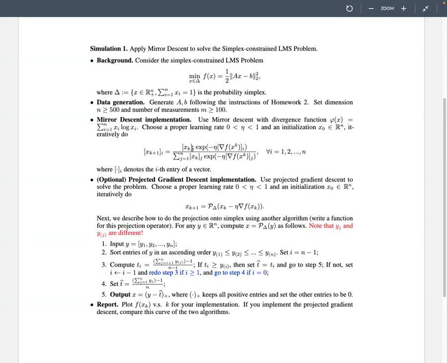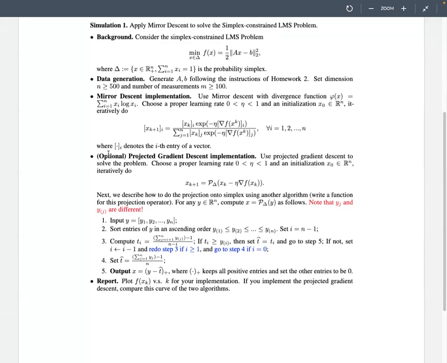That will take a lot of time in the for loop. So you want to write it in a vectorized form, maybe in MATLAB, and do it in parallel. This is when you choose the negative entropy as the phi.